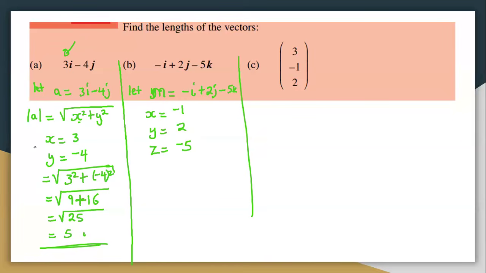Okay, good. So we're going to have the magnitude of m equal to the root of x squared plus y squared plus z squared. Then you substitute and we shall have negative 1 squared, then 2 squared, then plus negative 5 squared.